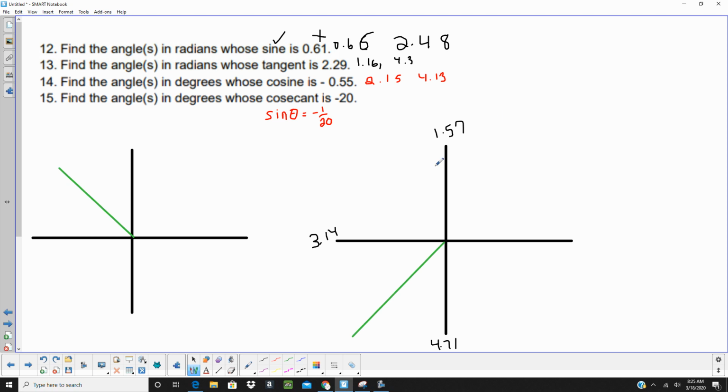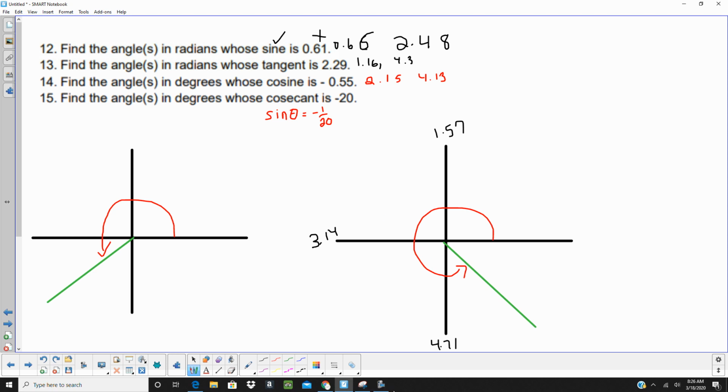That's not a big deal. So that would be in quadrant 3 and 4, because that's where my signs are negative. So I would have to find this angle right here and that angle right there.